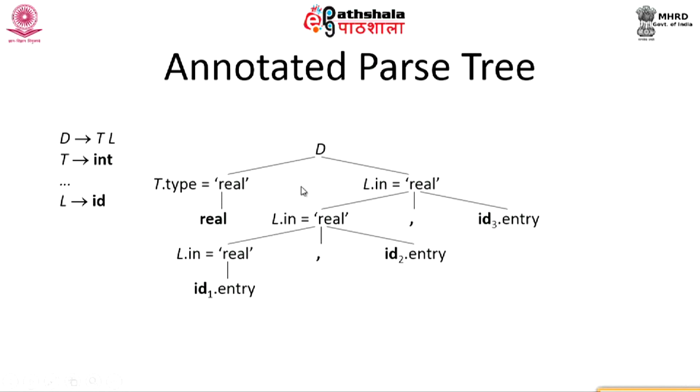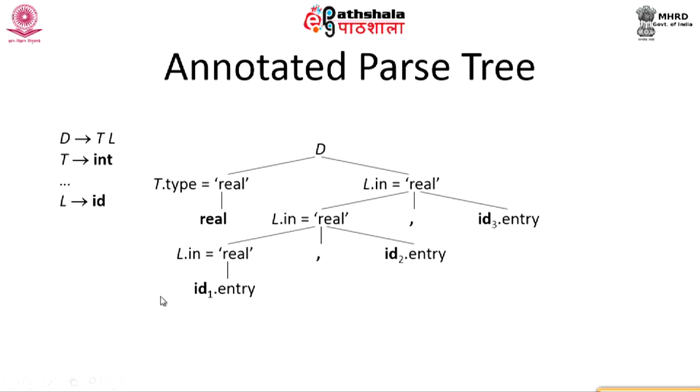Now here consider this parse tree again. D produces T L, where T I am substituting as real. So this L will be again L.in and comma id, and this is going to be L.in comma id. Now look at this L.in, it has got the value real from this T, okay, and this L.in also has got the value real from its parent, and id.entry will have the type as real from its parent, okay.